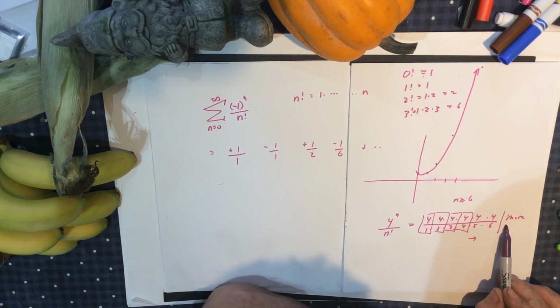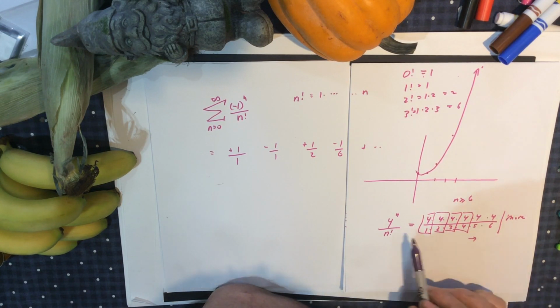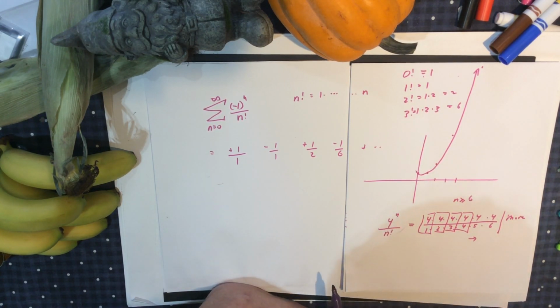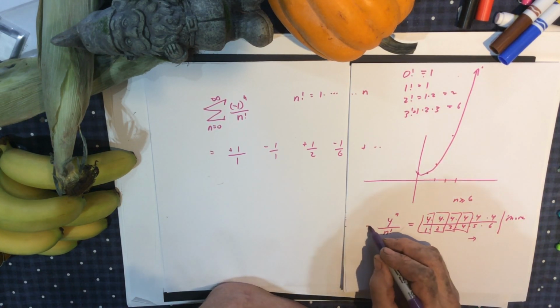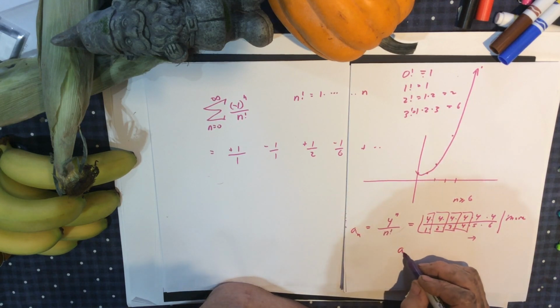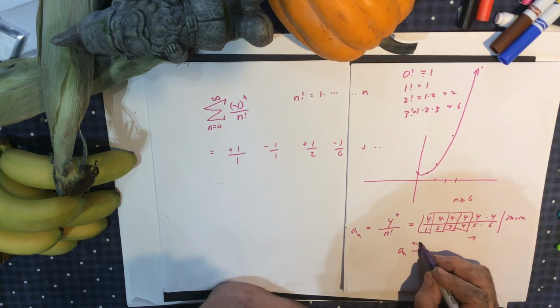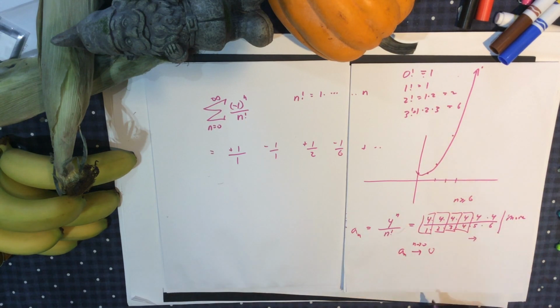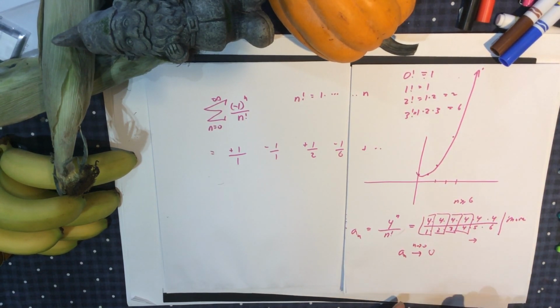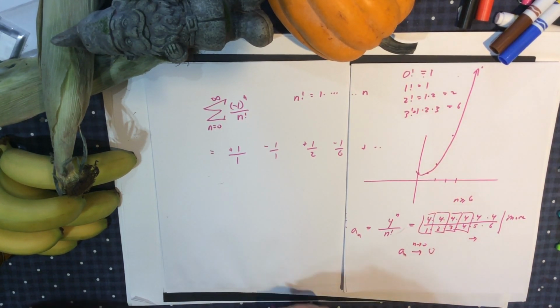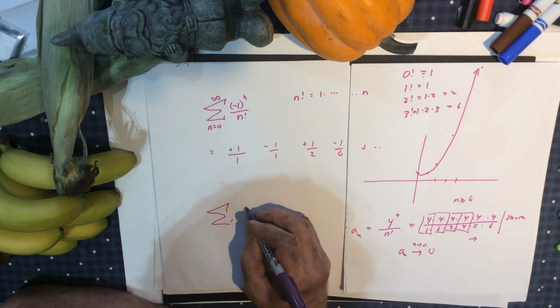The next one, 4/7. Next one, 4/7. It's very clear that these terms, if this is a sub n, are going to 0.